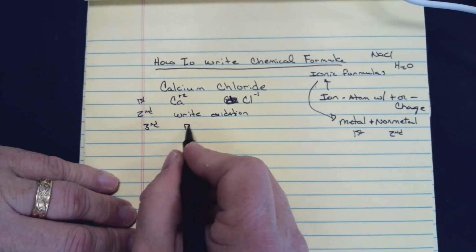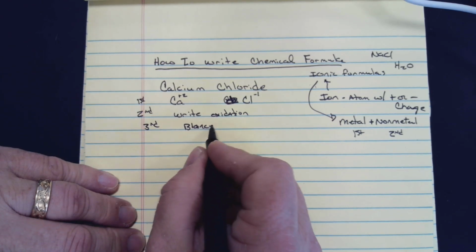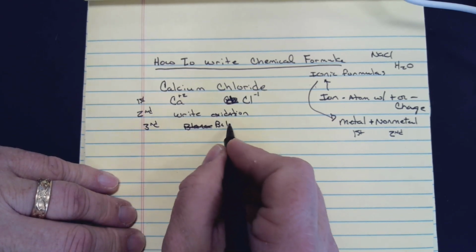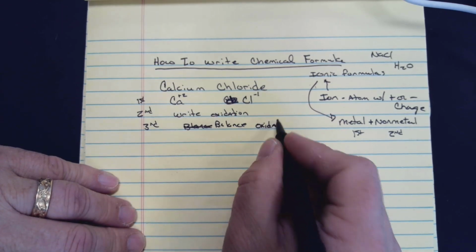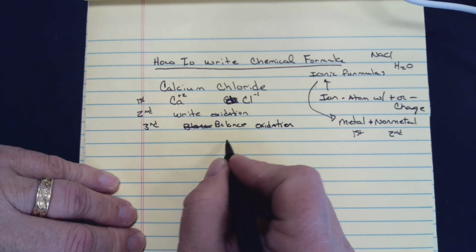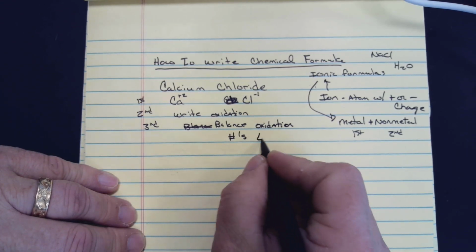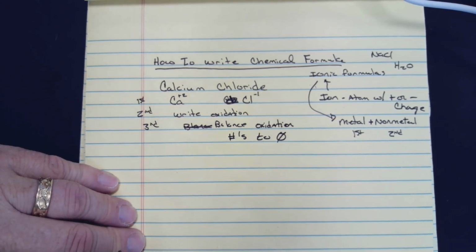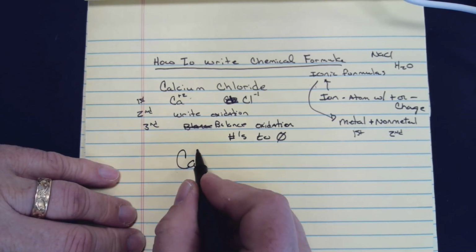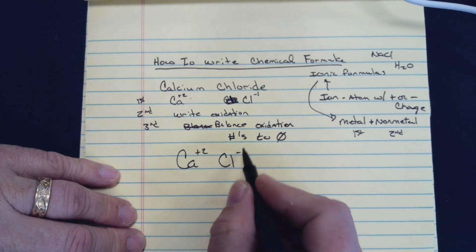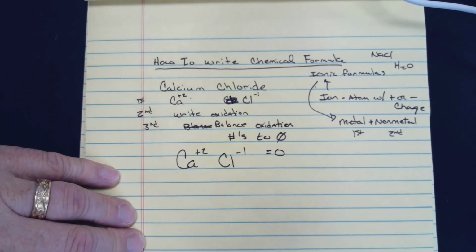Third, we want to balance our oxidation numbers to 0. So I need +2 and that -1 to equal 0.